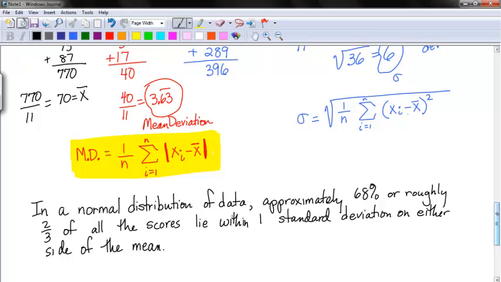95% of the data lie within, and just use SD for abbreviation, 2 standard deviations of the mean.